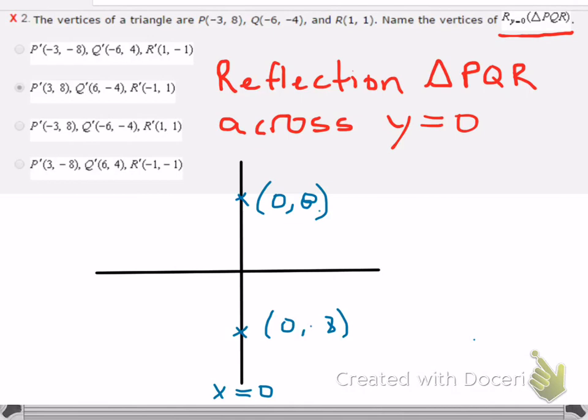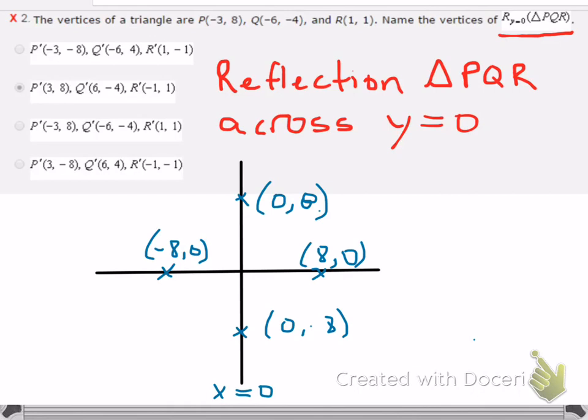Now, similarly, if we are looking at points on the x-axis, say we're sticking with 8, this would be (-8, 0), and the y value is 0. And over here, this would be (8, 0), and again, the y value is equal to 0. So every point on the x-axis has a y value equal to 0.